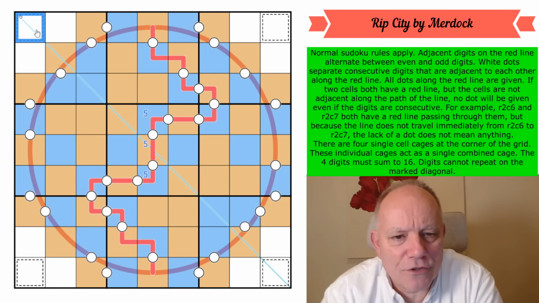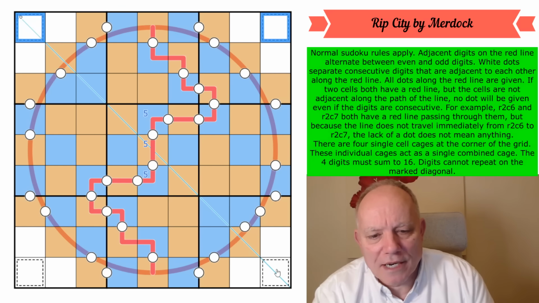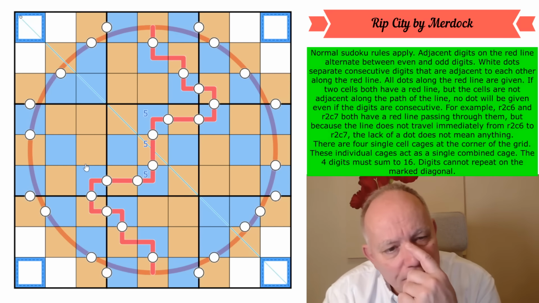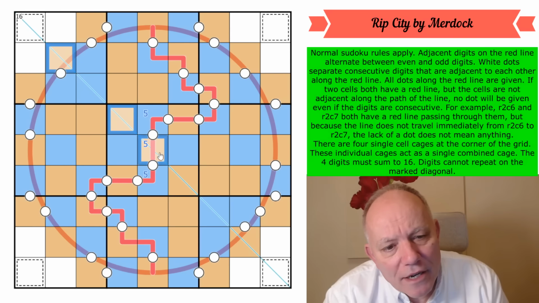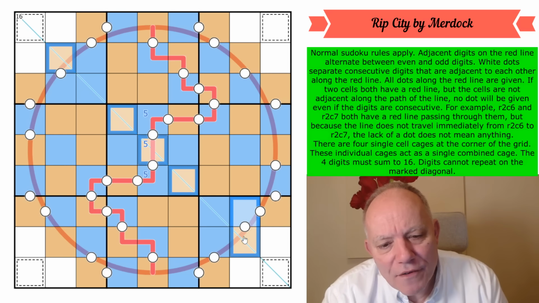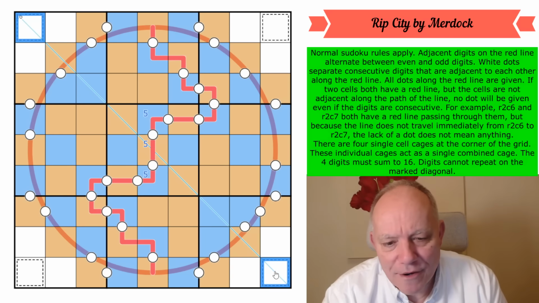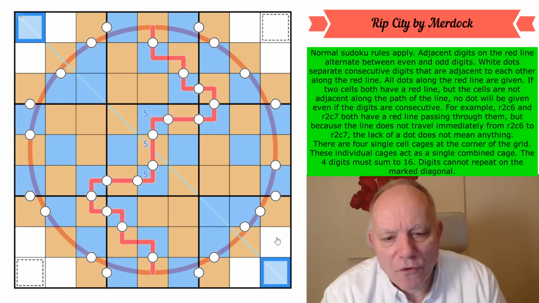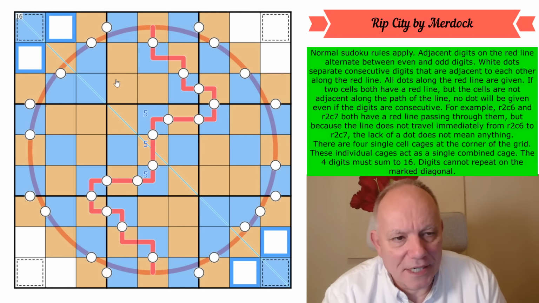That's so strange. Maybe I'm now meant to use the fact that the corner cells add up to 16 somehow. Oh no, I can. Look, I've got 5 orange on the diagonal. So the other 2 are blue. But that gives me 4 blues in each box.